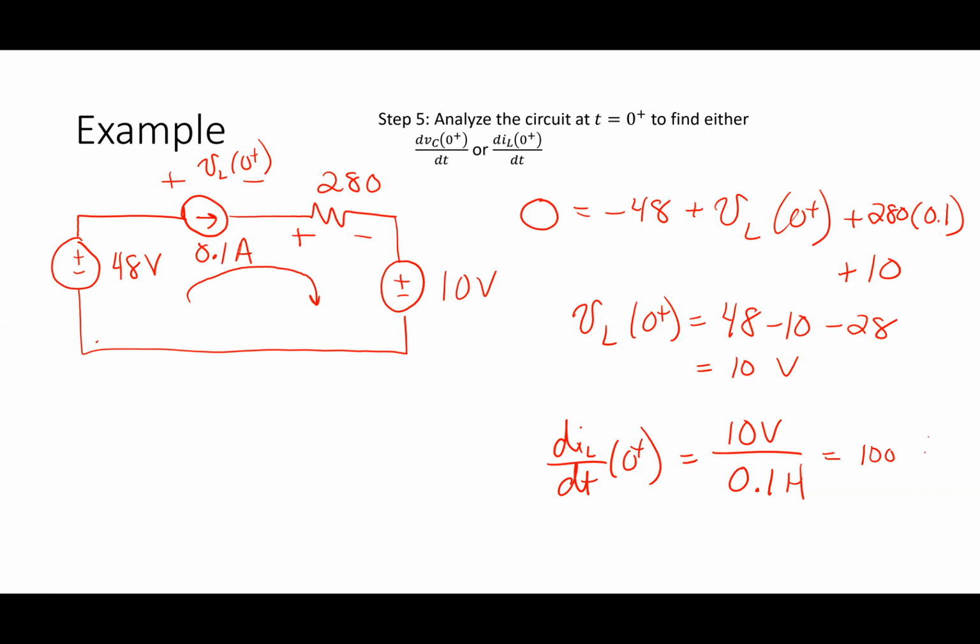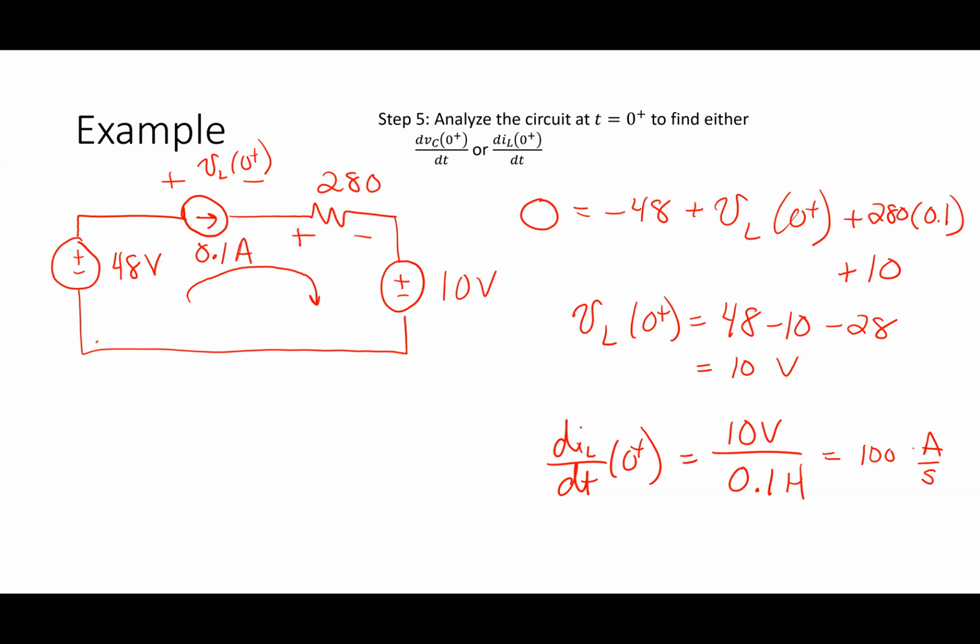And this has units of amps per second because it's a derivative. I'm not too worried about the units. I'm more worried that you can follow through that process, but it's amps per second. It's a rate of change of current, right?